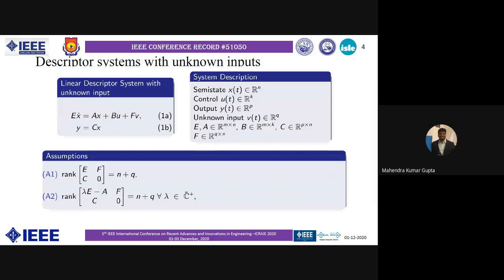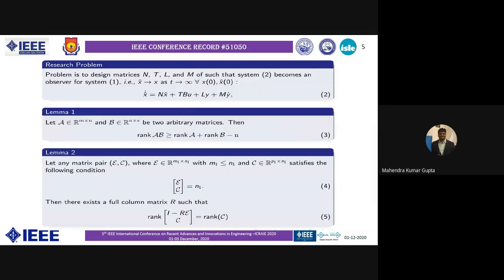Now, throughout our work, we will assume two assumptions, assumption A1 and A2. These assumptions are given in the form of some rank conditions directly on the system matrices. Now we convert the research problem in mathematical form. So mathematically, we can say that the problem is to design N, T, L, and M such that system 2 becomes an observer for system 1.